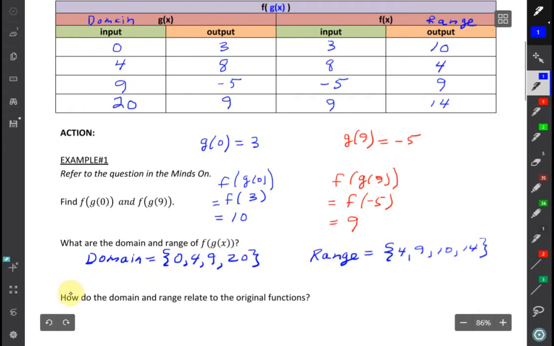And down here we see the question, how do the domain and range relate to the original functions? Well, hopefully what you've noticed is the domain comes from this initial function, which is the starting of it all, because its input is what starts this working. And then ultimately, the output, which is the range, comes from f at x.